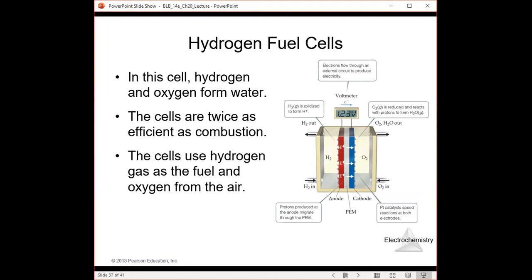Now, hydrogen and oxygen form water. The cells are twice as efficient as combustion. The cells use hydrogen gas as fuel and the oxygen from the air. So it's really neat to see that. My uncle is a retired engineer, so that's just one of the things he liked to use.